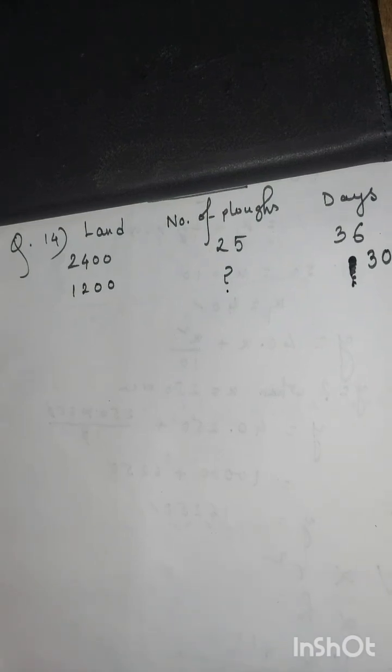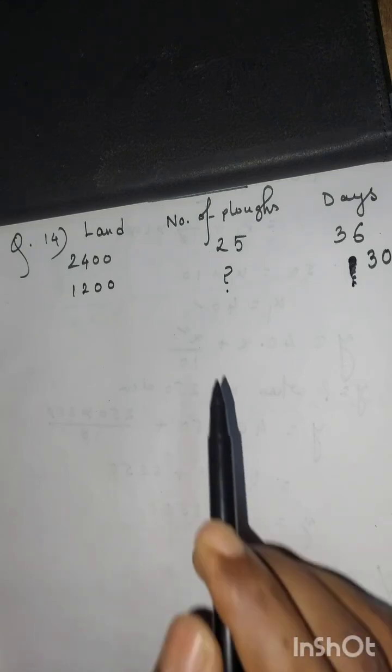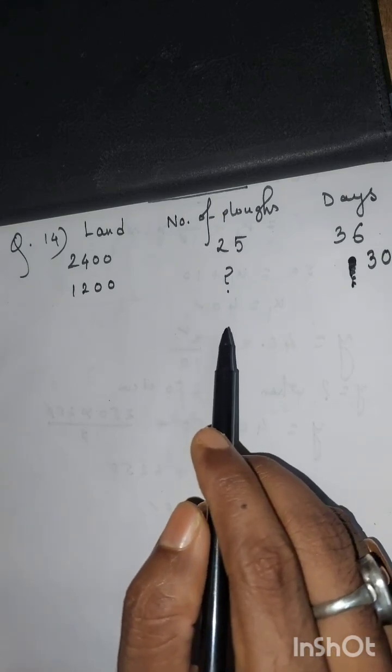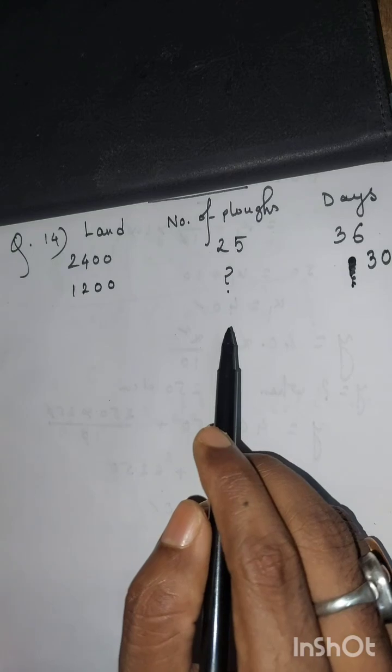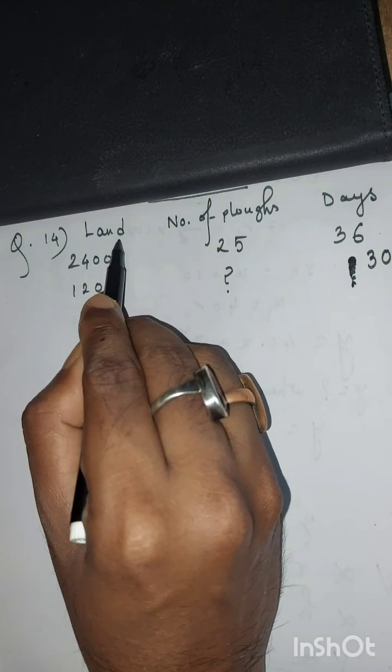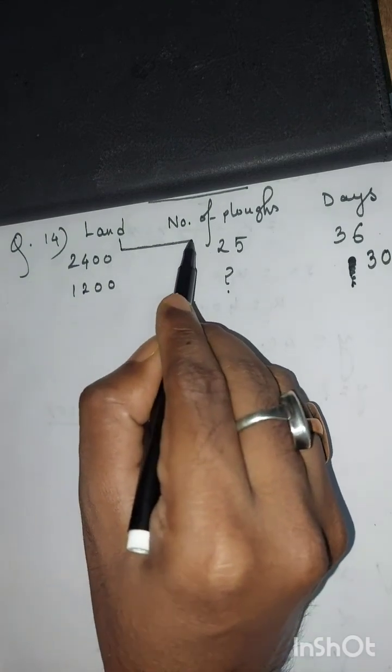So we have written the given information. Now we are going to find the relation between land and number of plows.